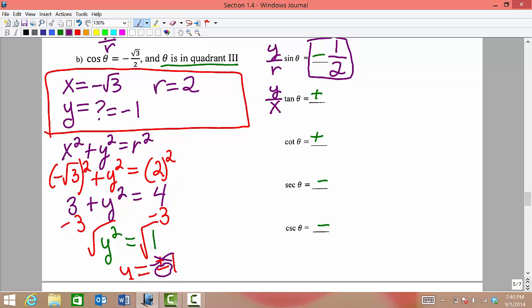Notice that we said tangent was positive, and that's because y is negative and x is negative. A negative divided by a negative gives us that positive. So we have y divided by x, and we get positive 1 divided by the square root of 3. We want to rationalize, multiply top and bottom by the square root of 3, and we get positive square root of 3 divided by 3.